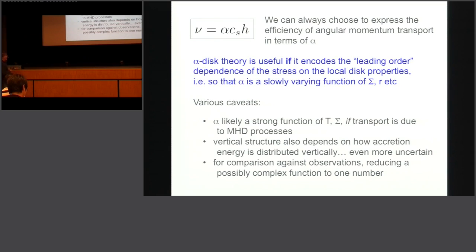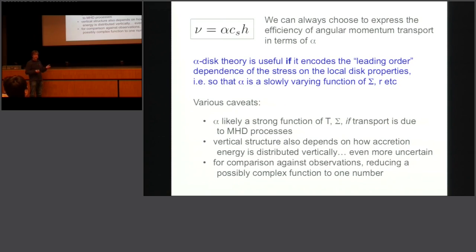parameter. However, generally, when we think of alpha theory, we don't think of it in that way. Instead, we think of alpha as being something like a constant. And so, in those terms, alpha is a useful way of describing things if this assumed scaling with the sound speed and the disk scale height encodes the leading order properties of the angular momentum transport in the disk.